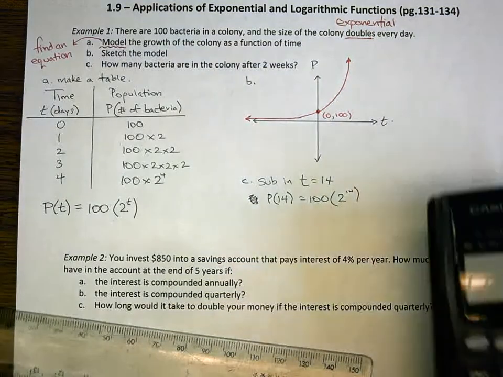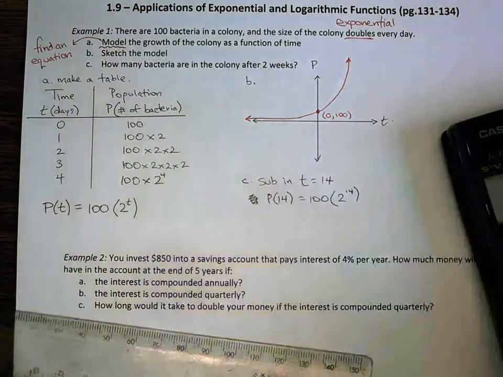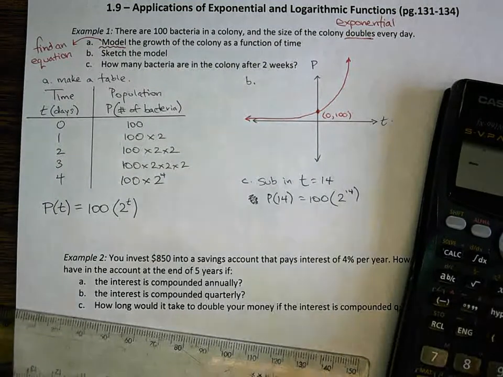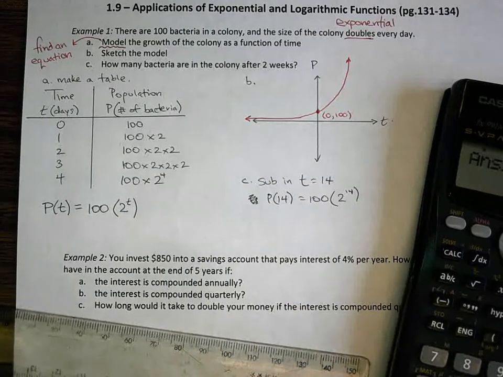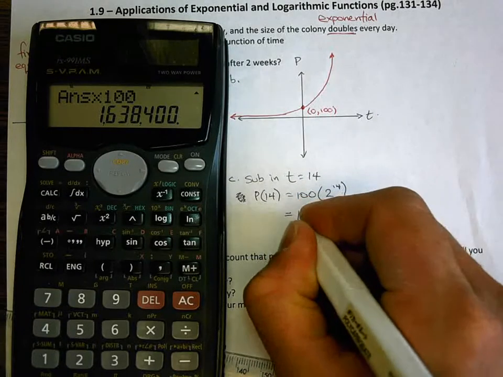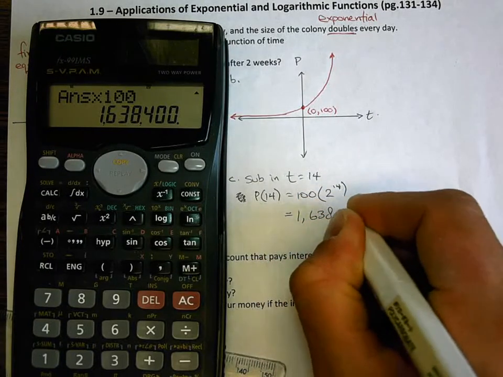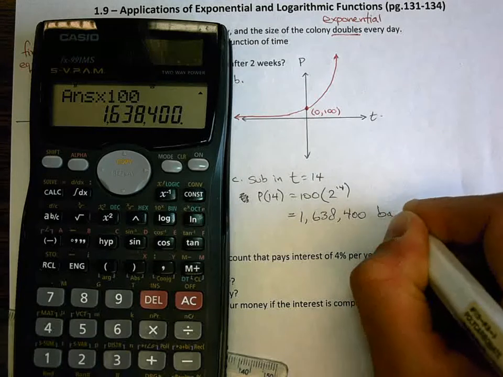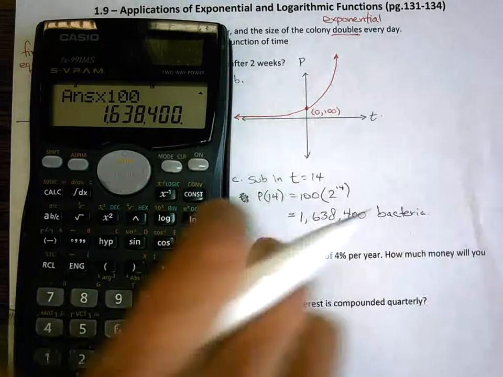I'm going to need a calculator to do that. I definitely can't do that one in my head. 2 to the power of 14 times 100 is 1,638,400 bacteria. So those 100 bacteria have really gotten big.